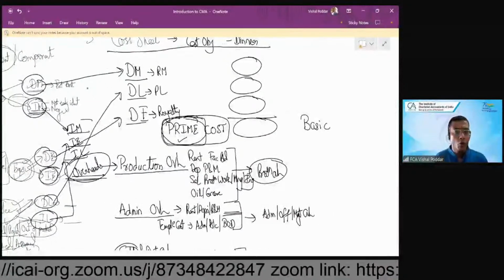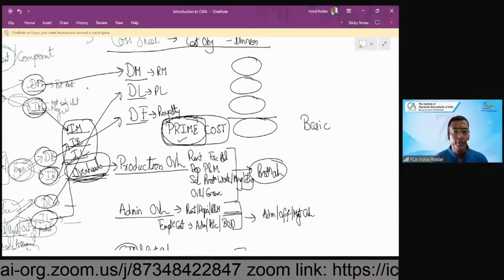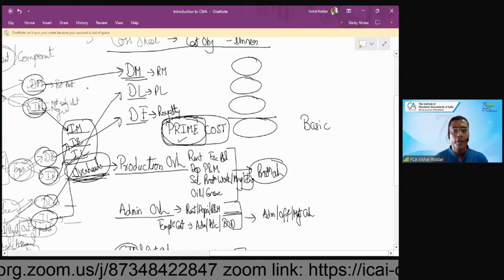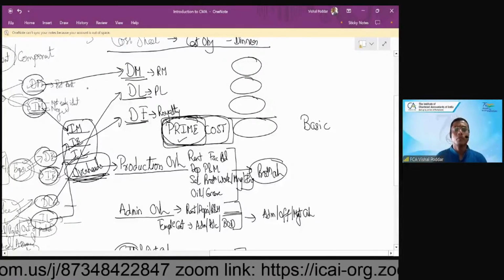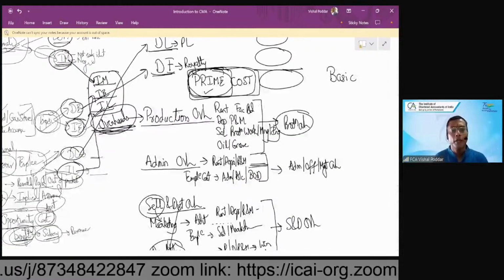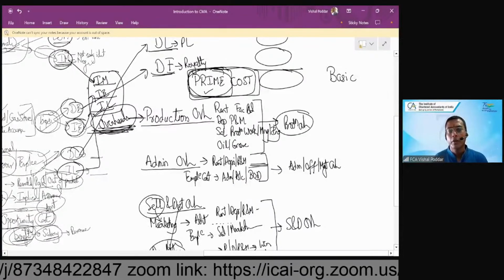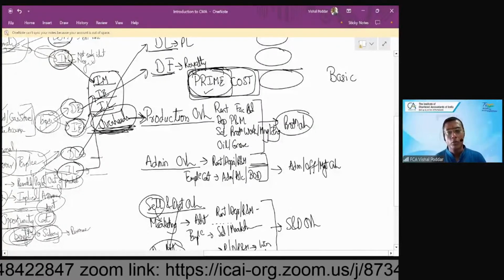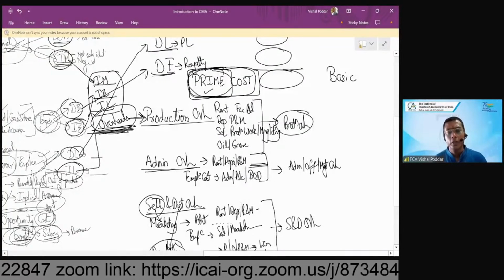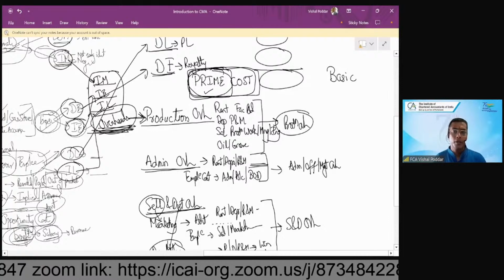All indirect were grouped together and named as overheads. All direct were brought together, and the total of this was called prime cost. Then the overheads, that is the grouping of all indirect, was further bifurcated into production overheads, that is all the overheads relating to the production function, to the administration function, and to the selling and distribution function, right?